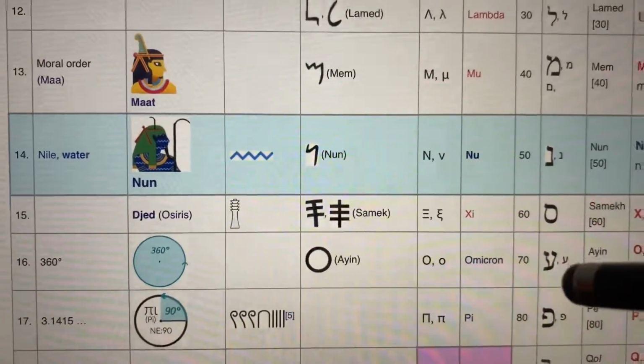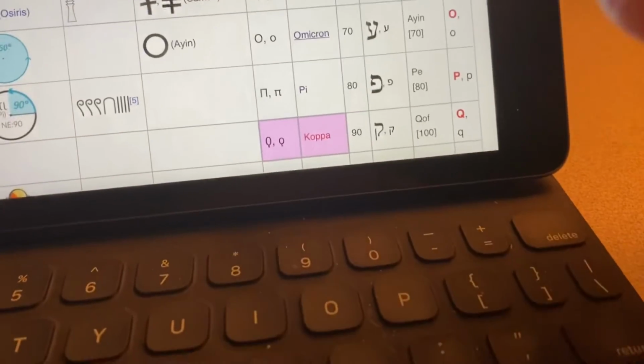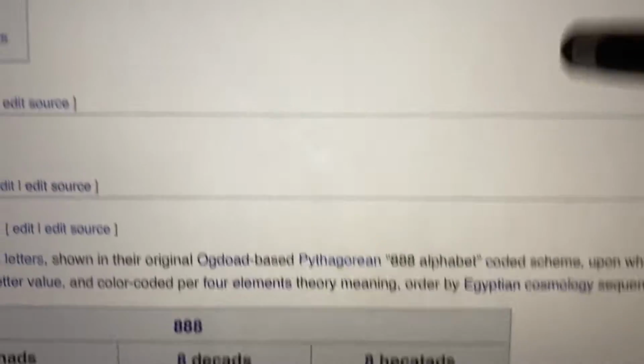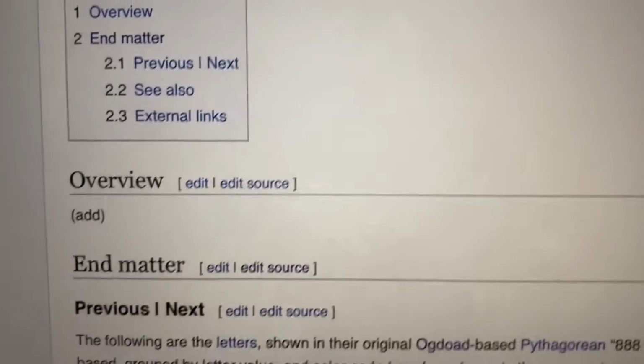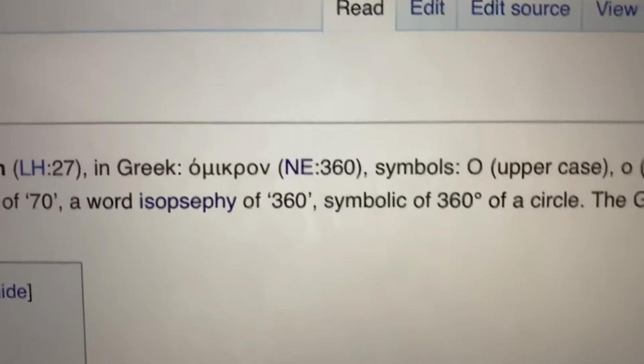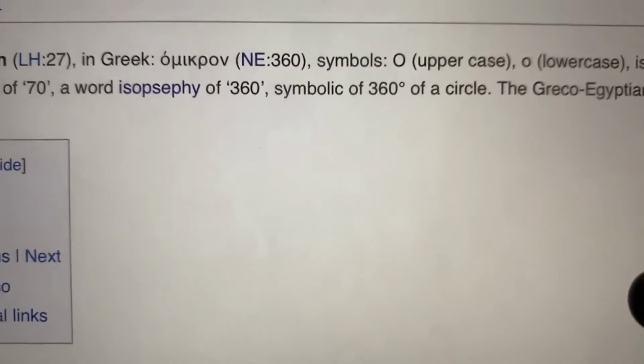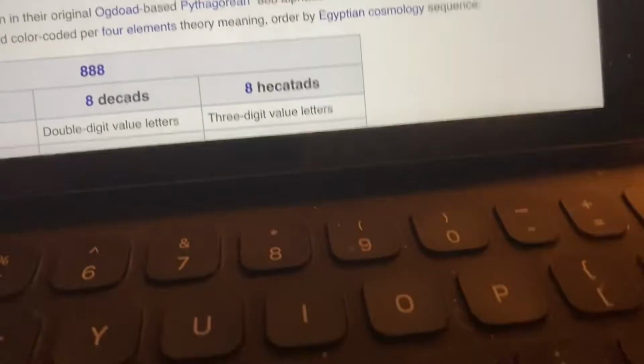The 16th letter is Omicron. Now the cipher here is that if you add up the letters of Omicron, the value of the letters equal 360. So it's code for the fact that Omicron is a word cipher for the 360-degree circle.